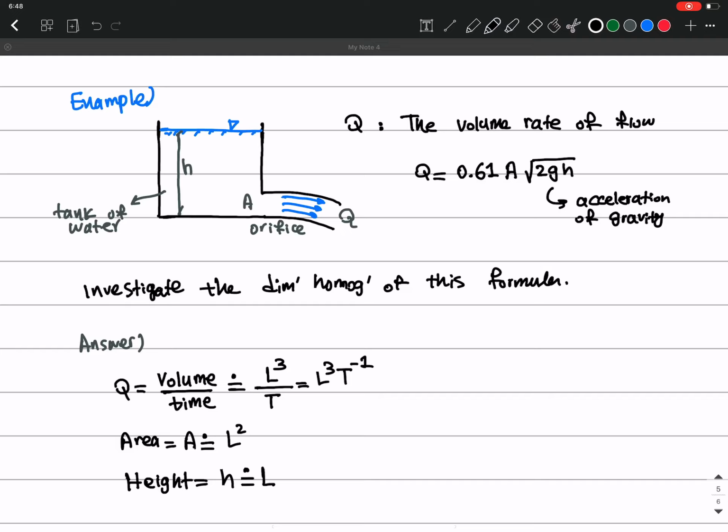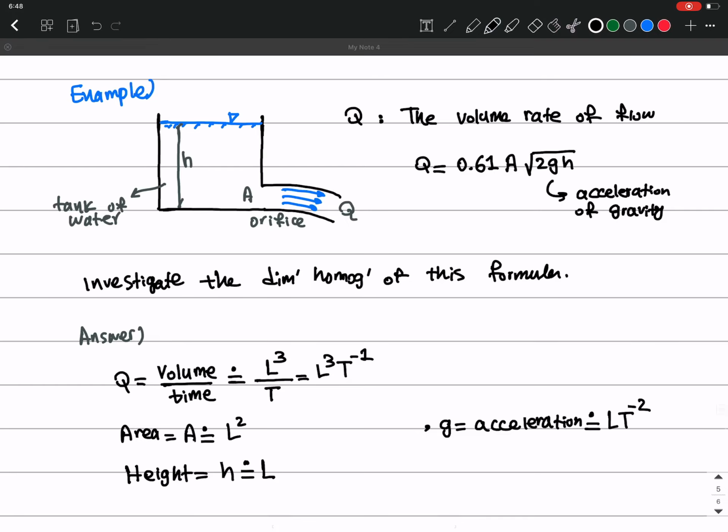And we also have g. g is the acceleration of gravity, so its dimension should be that of acceleration: length over time squared, which is going to be L T^-2.